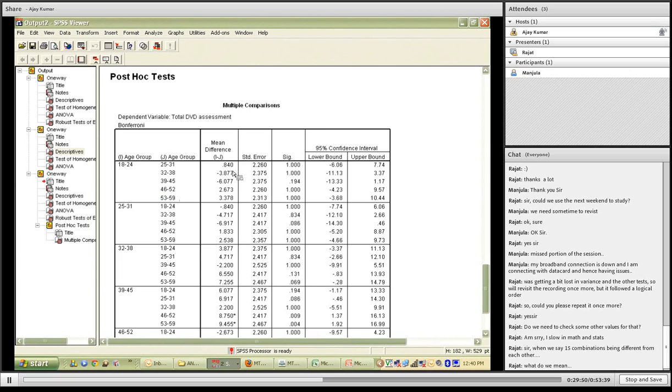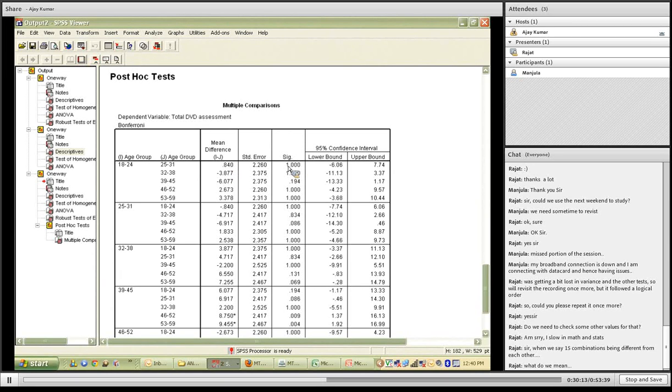This is the main difference between these two. So is this difference of mean a significant difference? That was checked and it gave a value of 1.000. A value of 1.000 would mean that this difference is not significant, alright, because this value is not less than 0.05.